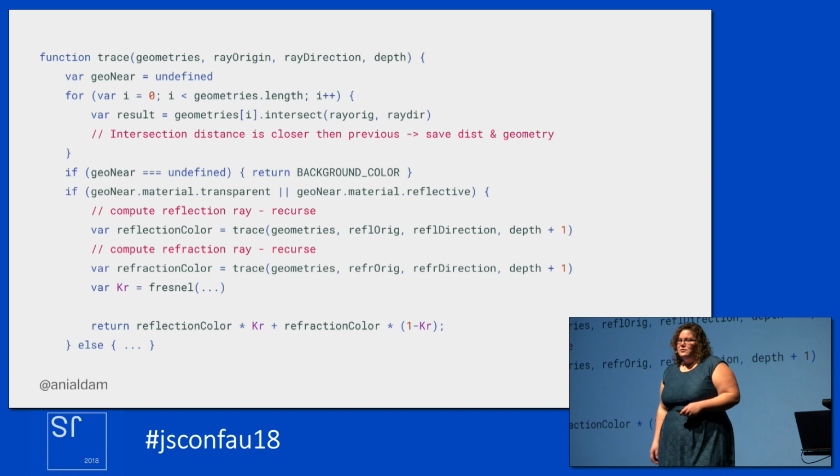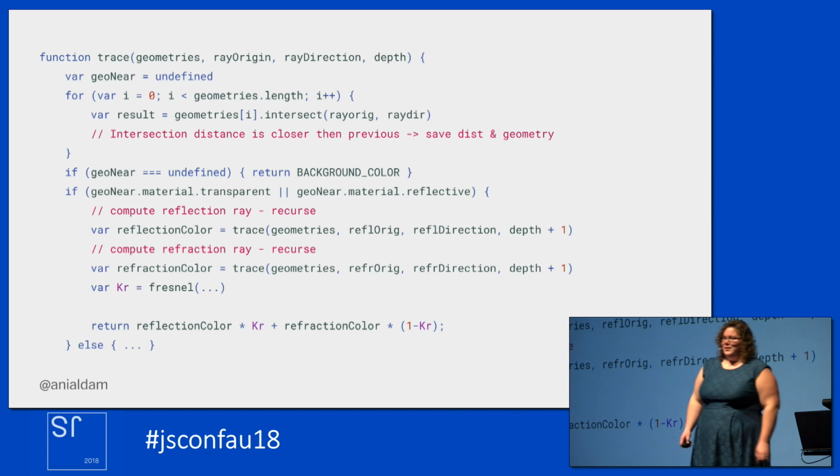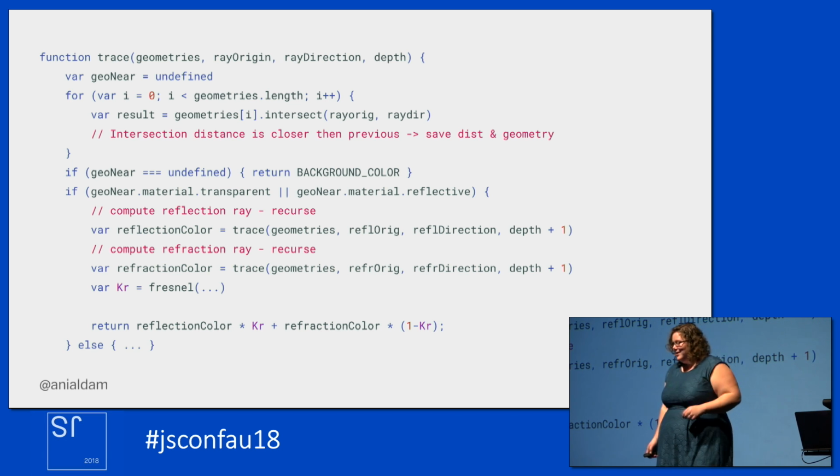So this is how a trace function could look like. And the cool thing is it's recursive, because we all love recursion. We take all our scene in, all the geometries.